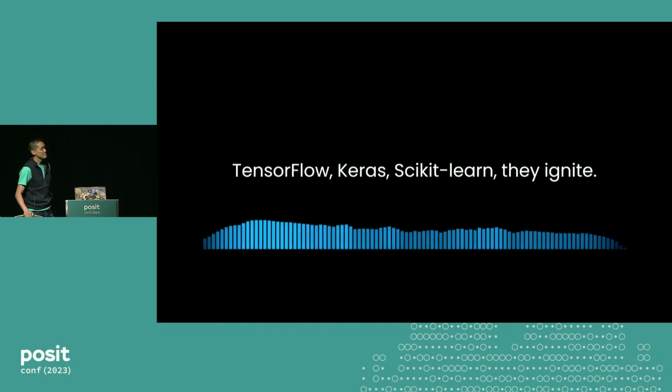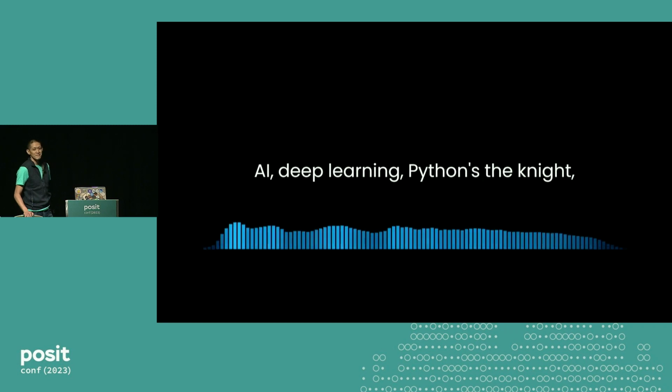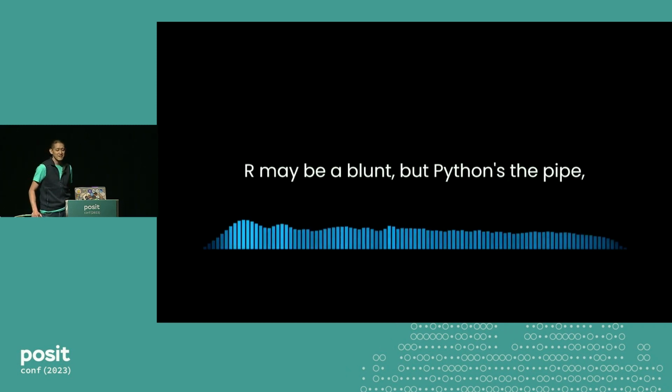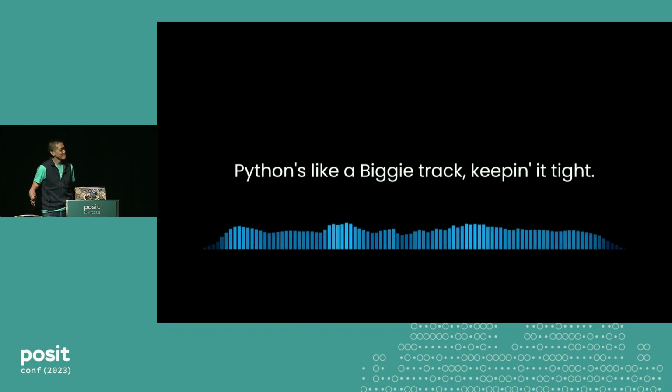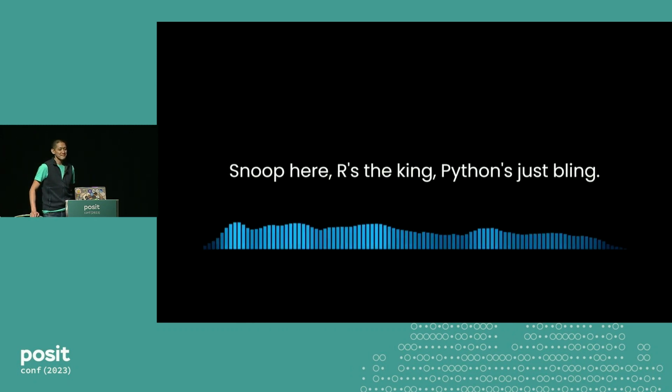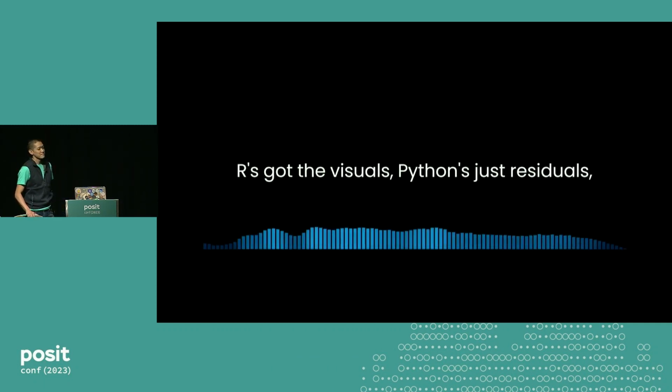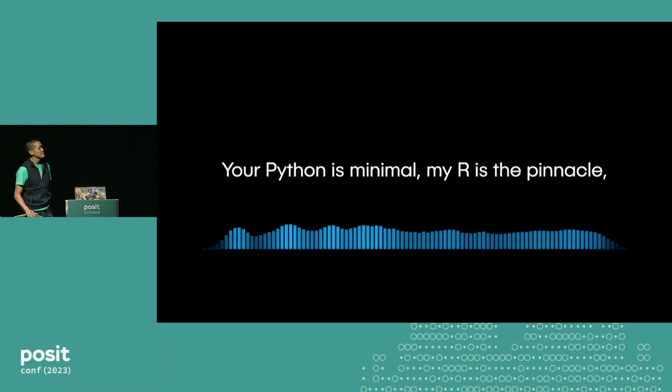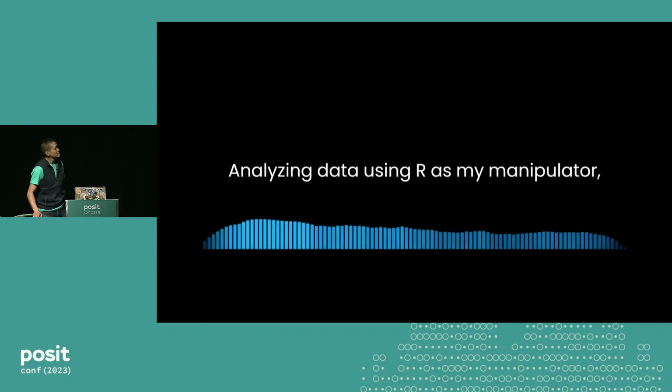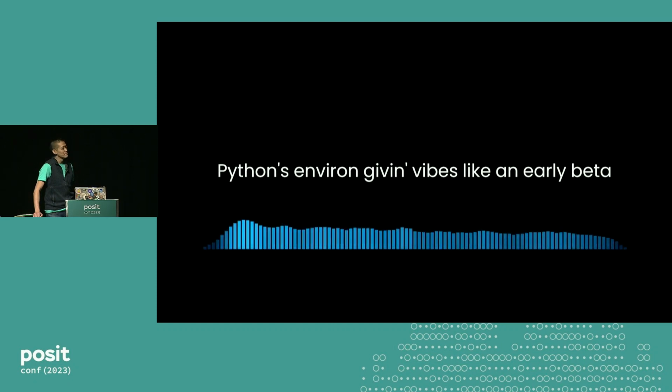TensorFlow, Keras, scikit-learn, they ignite. AI, deep learning, Python's the night. R may be a blunt, but Python's the pipe. Python's like a biggie track, keeping it tight. Snoop here, R's the king, Python's just bling. R's got the visuals, Python's just residuals. Your Python is minimal, my R's the pinnacle. Analyzing data using R as my manipulator. Python's environ giving vibes like an early beta.